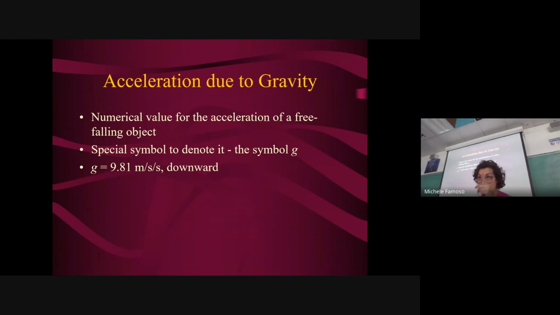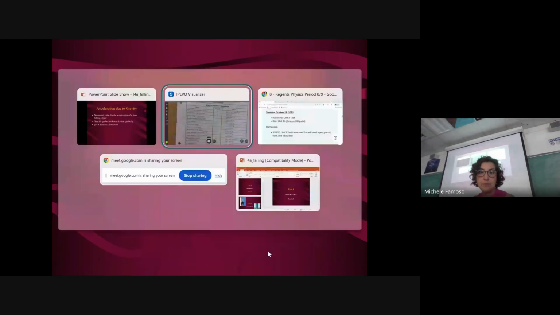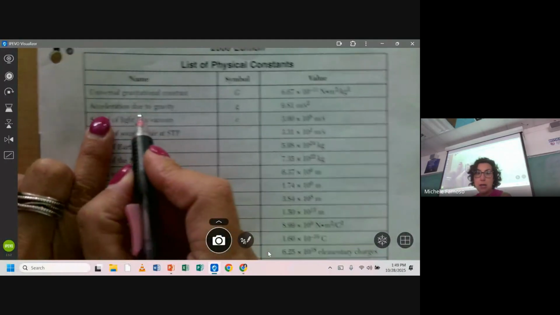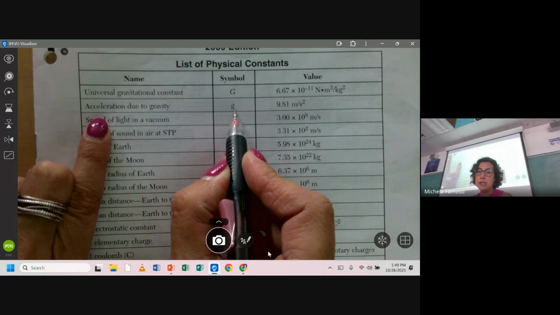Now, on the Earth, the value that we use, it's planet dependent, is 9.81 meters per second squared directed downward. You see, I'm giving you a direction there. That tells you it's a vector. That's the value that we use here on Earth. And this is a special value which is given to you on page 1 of your reference table. So if you could please turn to page 1, you'll see here it defines that little g for us.